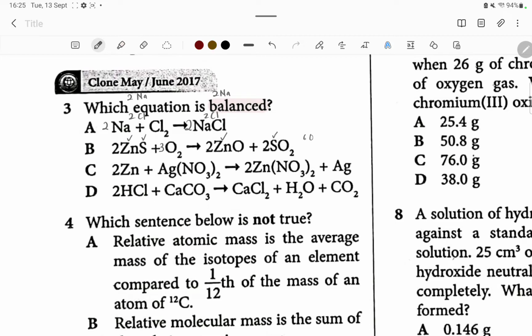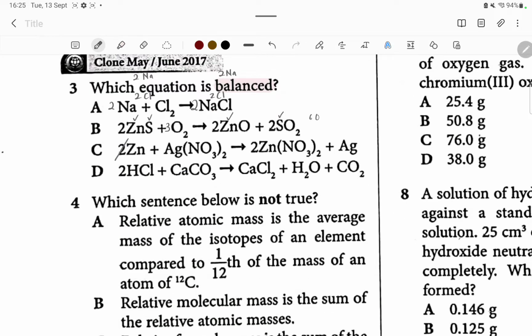Okay, let's look at C. 2Zn, 2Zn, correct. Ag, 1Ag, 1Ag, correct. And then let's see NO3, 1 NO3, 2 NO3, here 2 times 2. So not balanced already. So you have to multiply this one. You should be removing these 2.